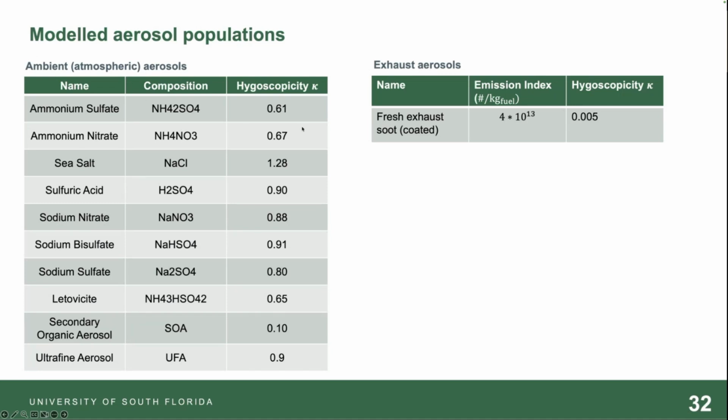Every aerosol has its own hygroscopicity, which basically is the tendency to pull water vapor in. And then we do the same thing. This was one of our additions into Meso-NH, a local soot population. This is because we need to be able to also model the kerosene case if we want to compare the NASA clean ammonia generated contrails to traditional jet fuels.